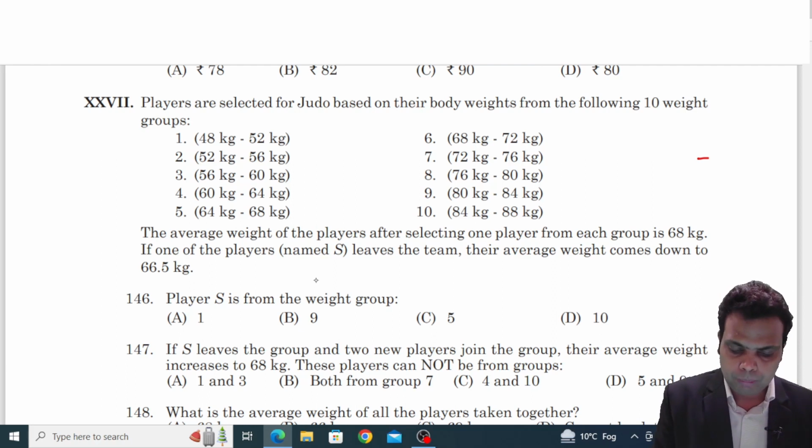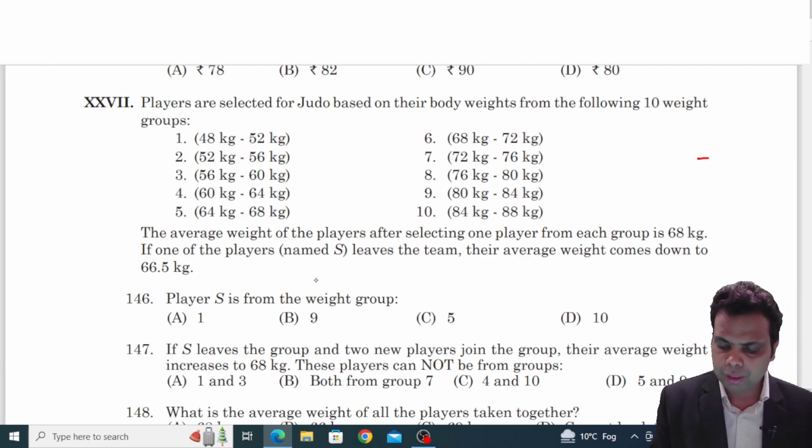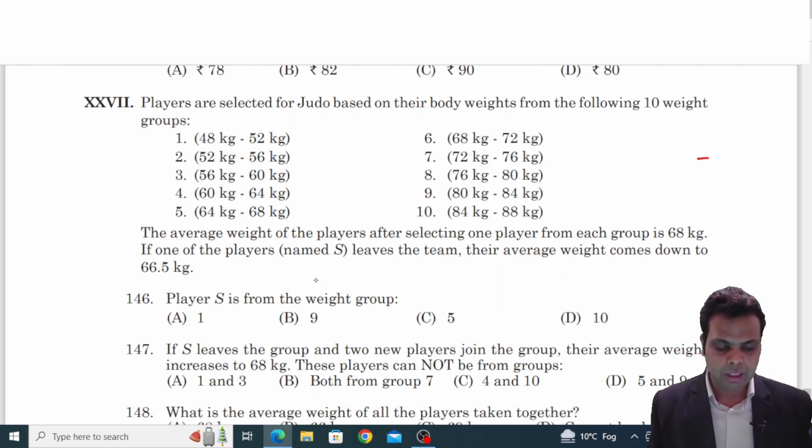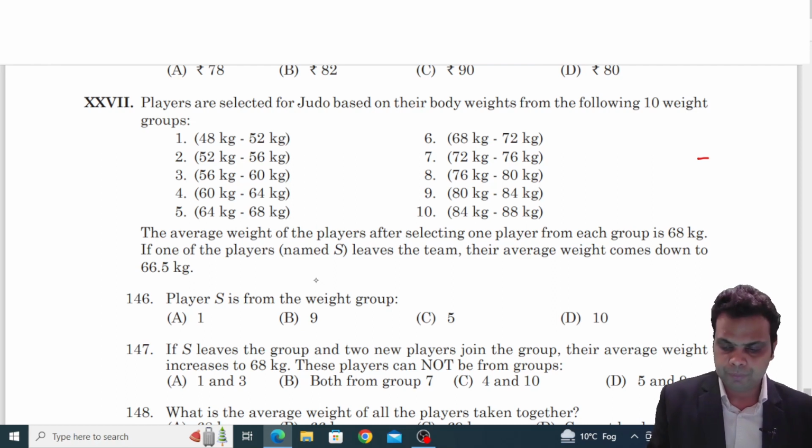The average weight of players after selecting one player from each group is 68. If one of the players leaves the team, the average weight comes down to 66.5. Now, suppose we see this data as follows: the average weight of players after selecting one player from each group.